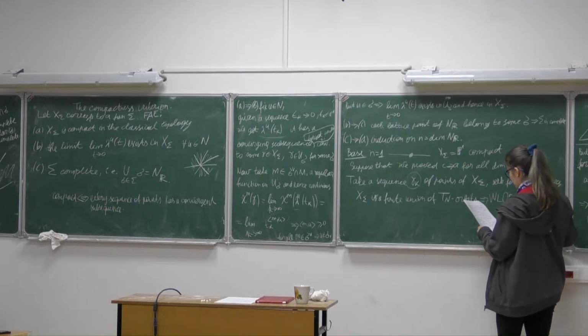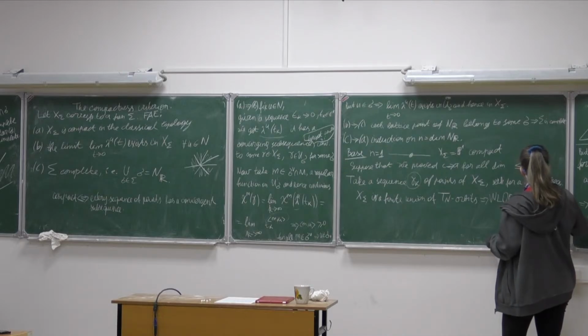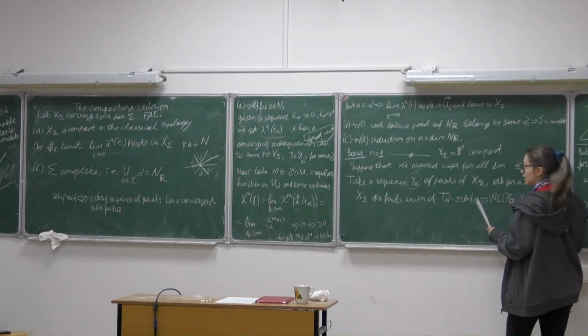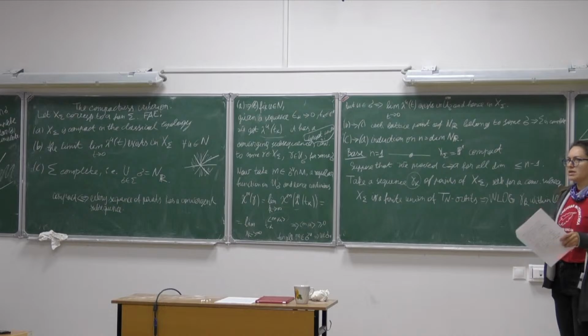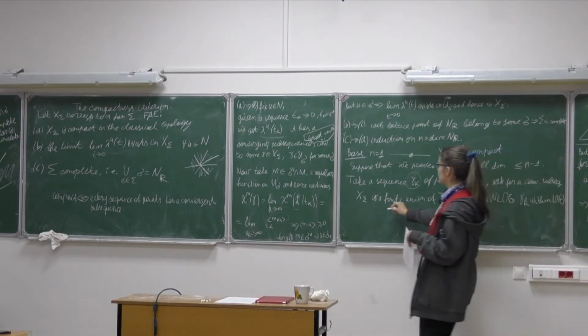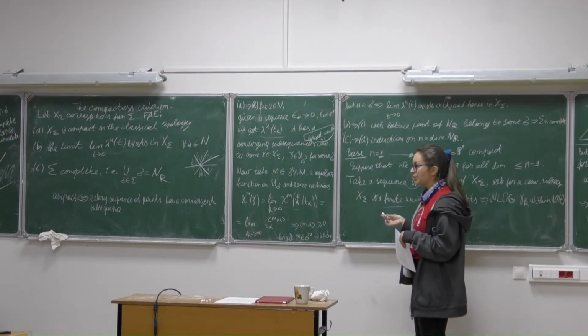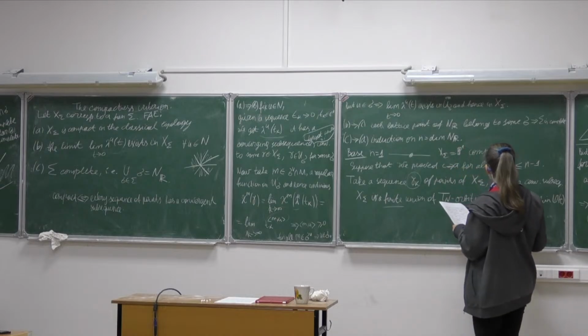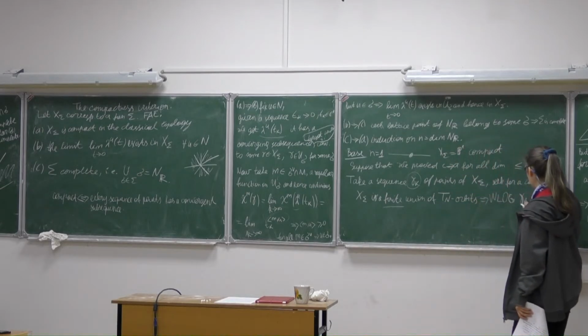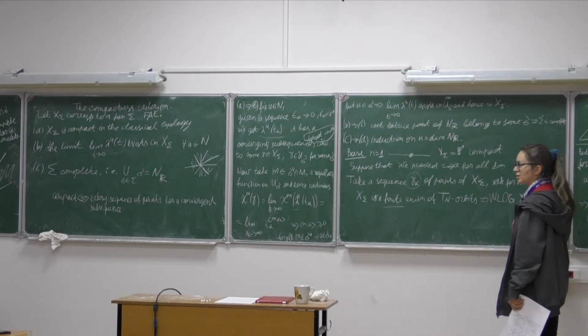We can say that there is one orbit which contains an infinite number of our points. Oh, so it's finite, yeah. Okay. So all gamma k are accumulated in one torus orbit.